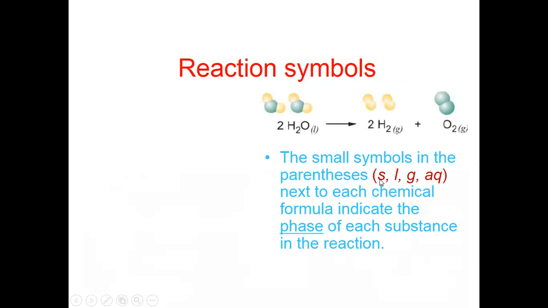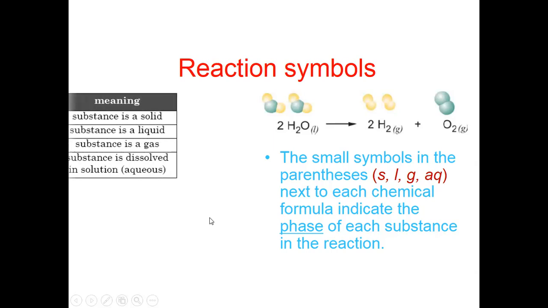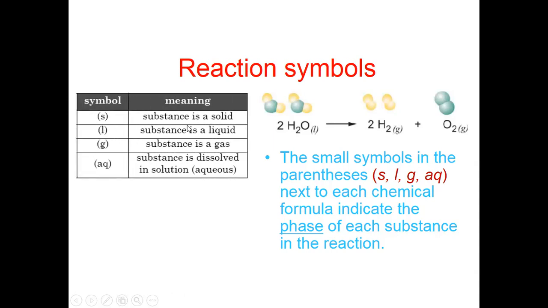For example, S for solid, L for liquid, H2O, G for gas, and AQ for aqueous, in a solution when salt is dissolved in a solution. S, substance is solid; L, liquid; G, gas; AQ, substance is dissolved in solution, aqueous.